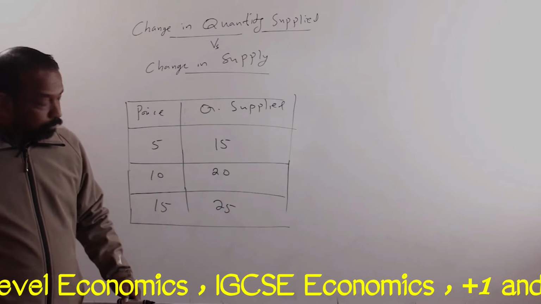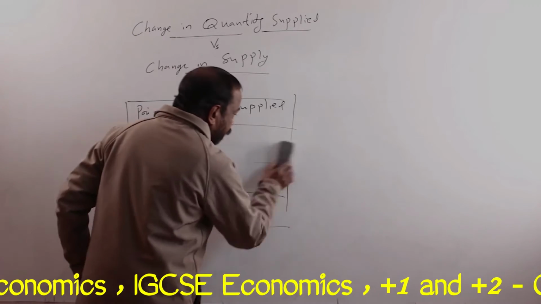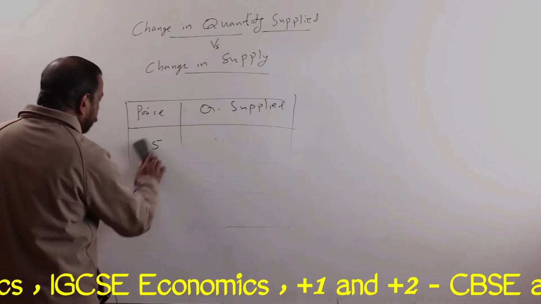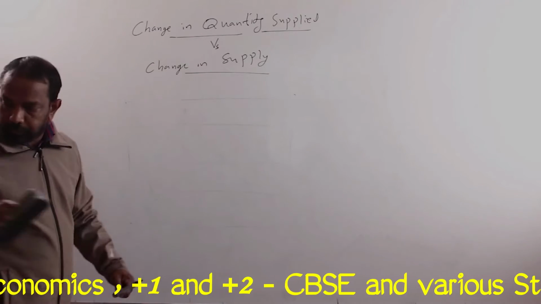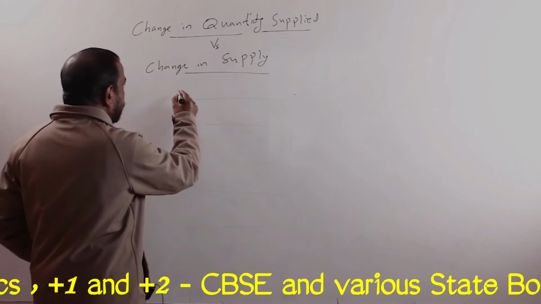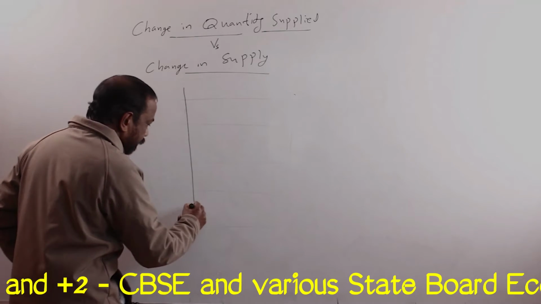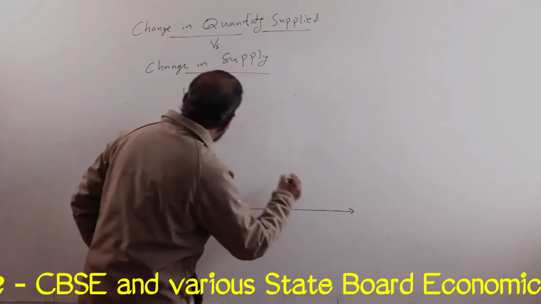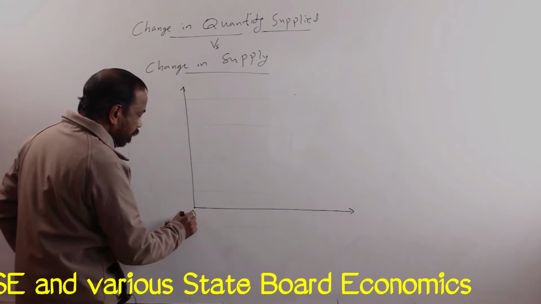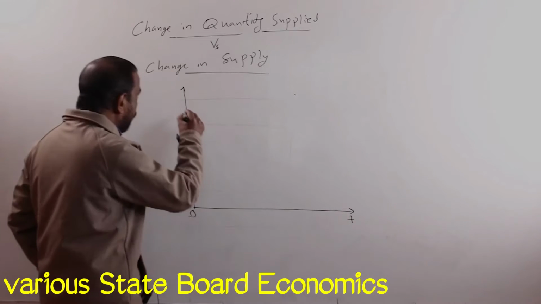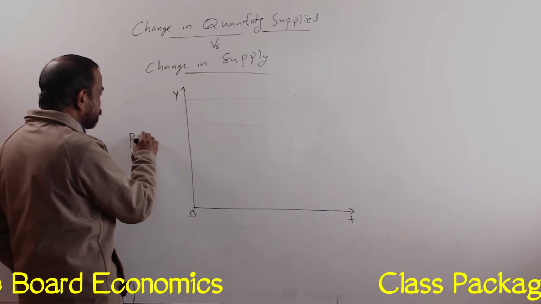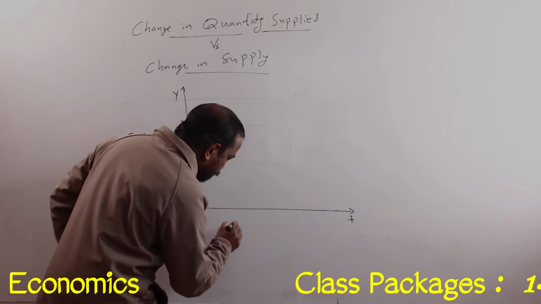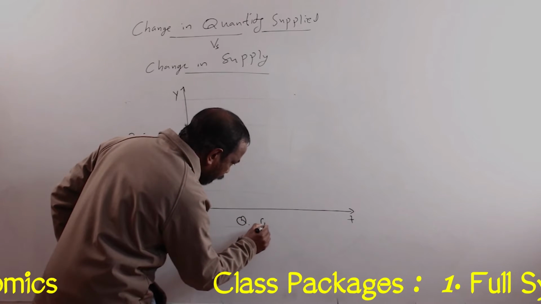Look at the diagram. For drawing a diagram, we need the X and Y axes. On OY we always measure price. On OX we always measure quantity supplied.